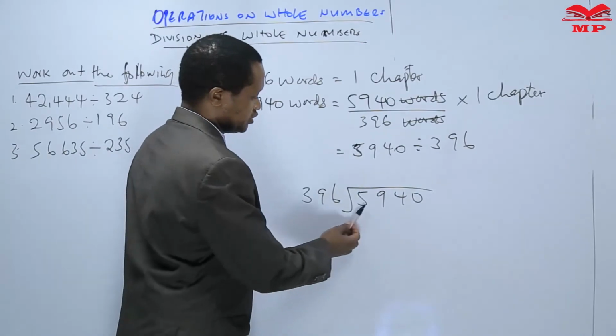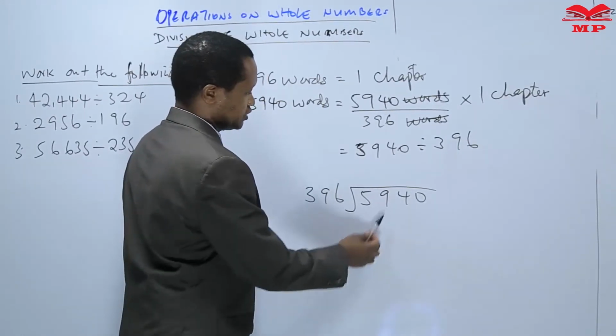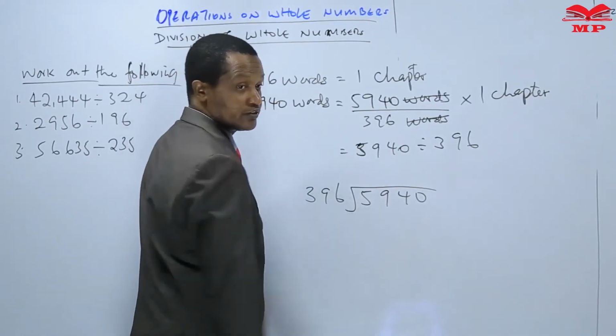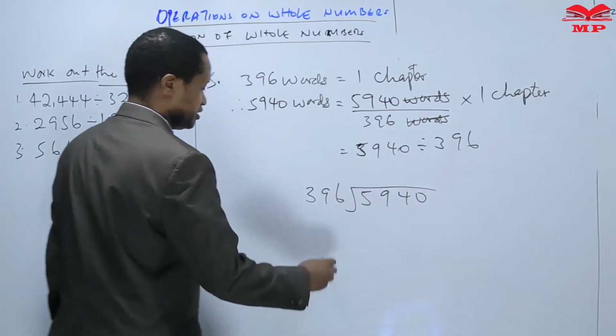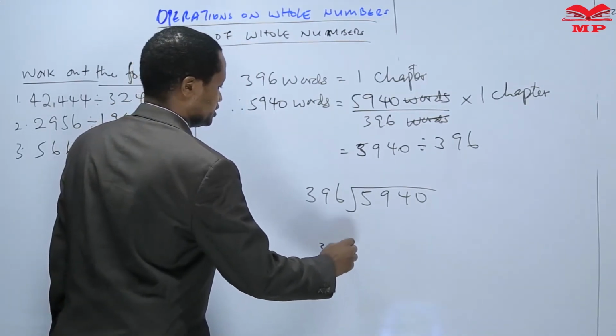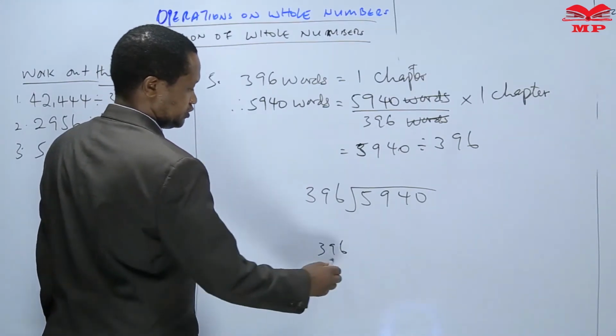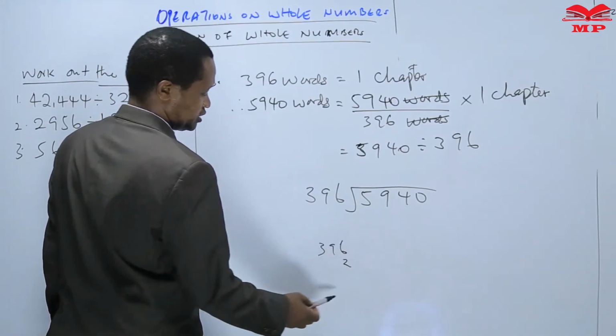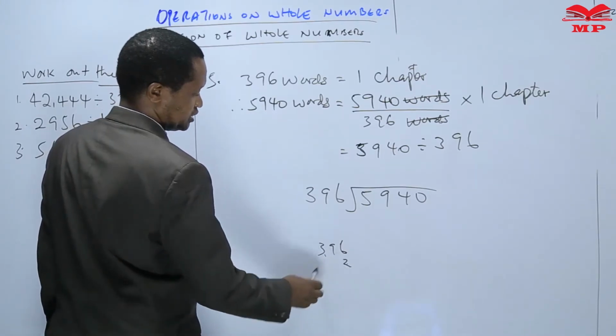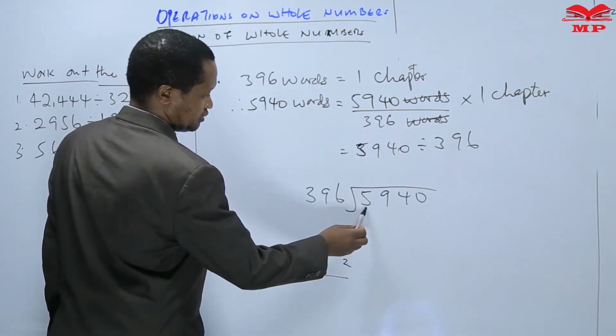So 396 cannot go into 5, 396 cannot go into 9, but 396 can go into 594. How many times? If you write twice, then it means this will be 6, which is above 5 here.